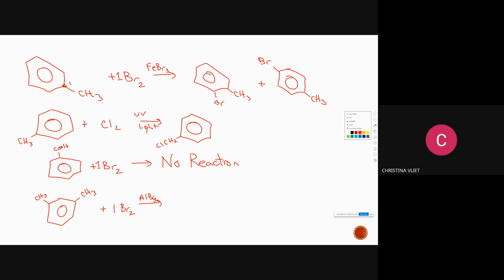CH3 directs to the 2, 4, and 6 positions. Look at each CH3 individually. This CH3, if this is carbon 1, it would direct anything being added here, here, and here. The other CH3, which I'll use a different color for, blue, when this is carbon 1, you would add to where?